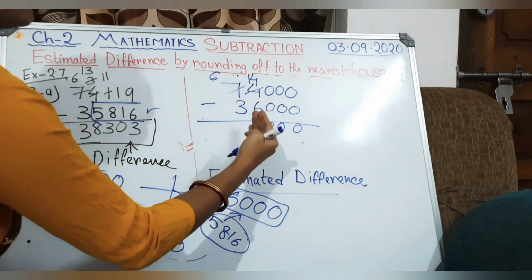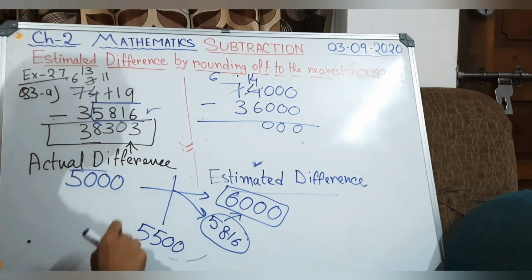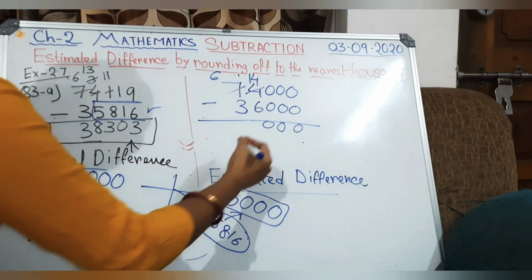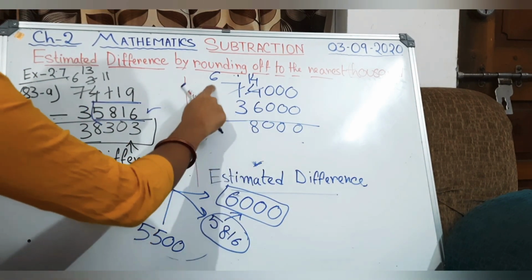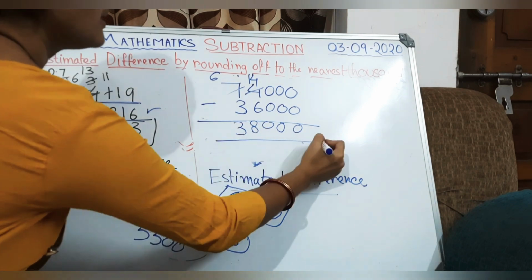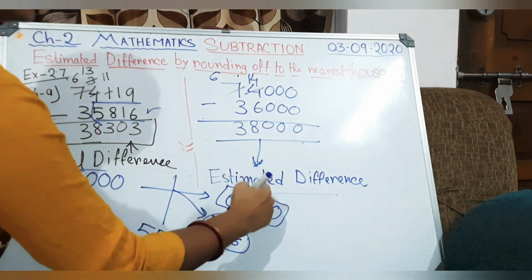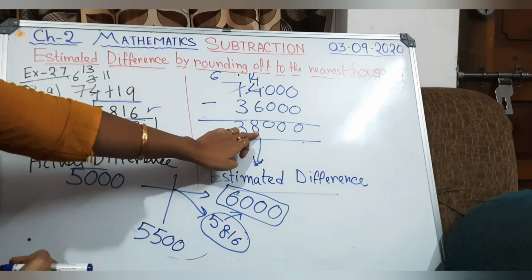So now come back to your thousands place. From 40 you need to subtract this 6. So what will come? 8 will come. Now come to this place. From 6 you need to subtract this 3. So what will come? 3 will come. So this is my estimated difference, that is 38,000.